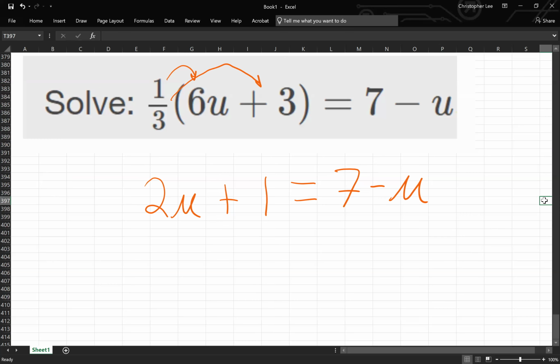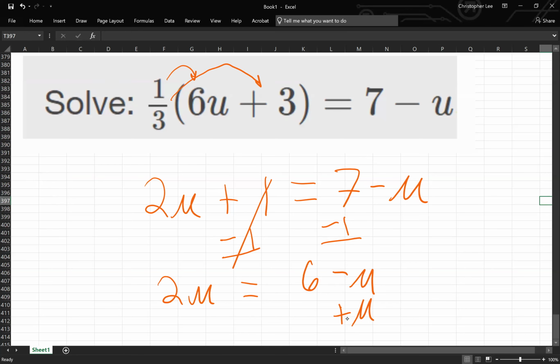It's a little hard, huh? -1? Okay, I have -1 over here. No problem. But what I do to one side of the equation, I do to the other side of the equation. So now I got 2u is equal to 6 minus u. What should I do next? Add u, right? Or what I do to one side, I gotta do to the other.